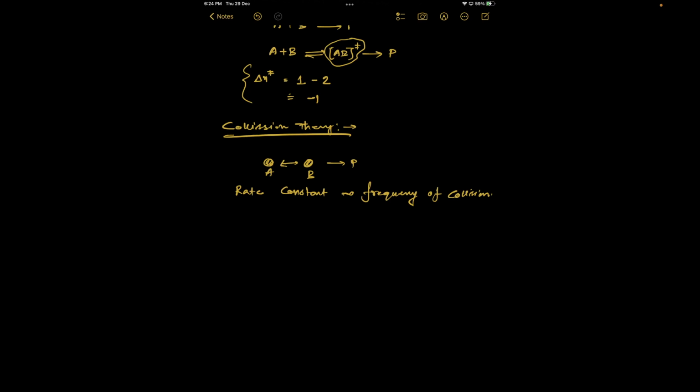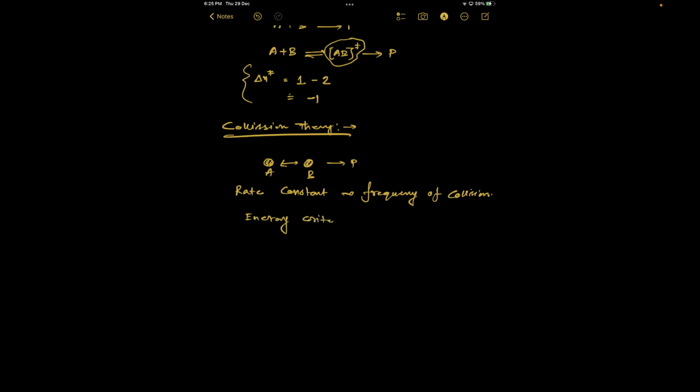That's why the rate constant is equal to the frequency of collision. But in experiment, the rate constant is often smaller than the frequency of collision. To explain this, we have to impose another restriction on the collision theory, and that is the energy criteria and the orientation criteria.